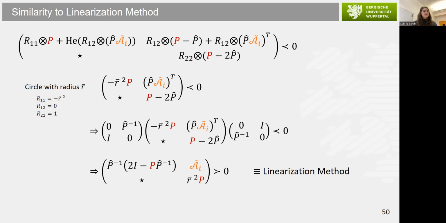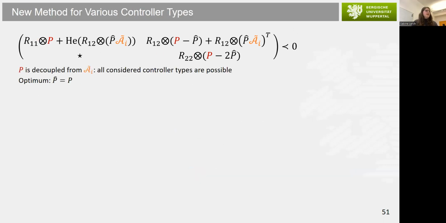So for the maximization of the decay rate, both approaches would be the same, but now we can place eigenvalues in any convex DR region with this new LMI condition. And to point out again the advantage, P is now decoupled from AI tilde. So all the controller types which I've shown in the list, we can design all of those now.